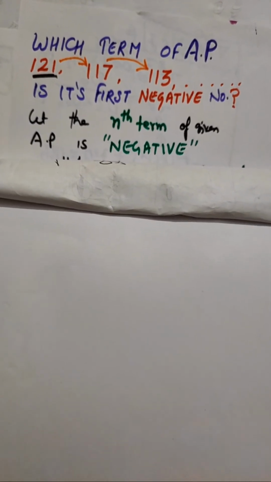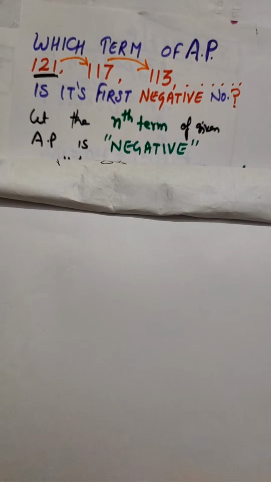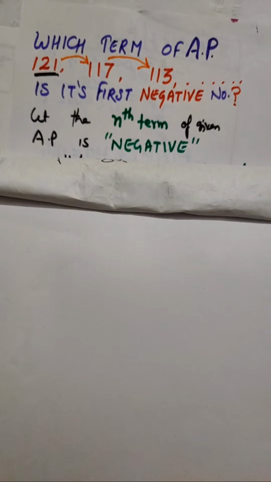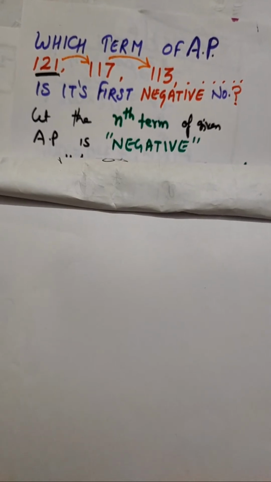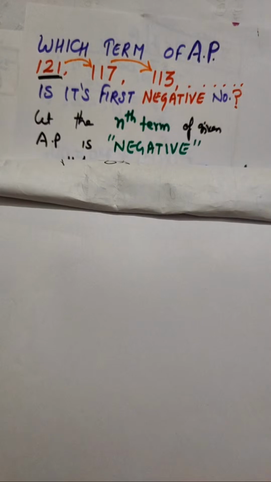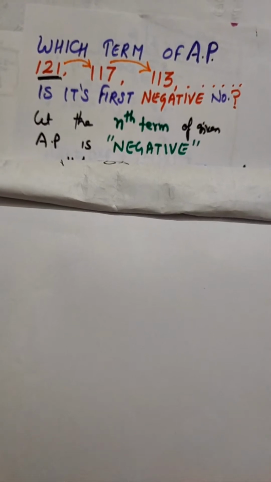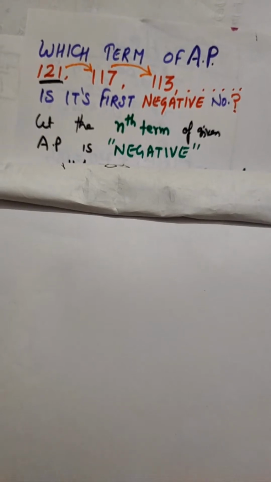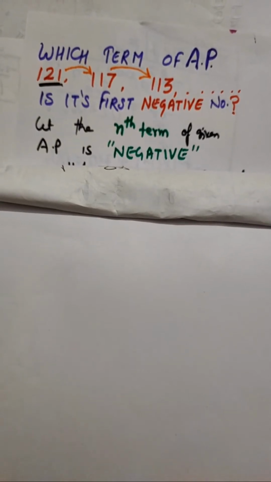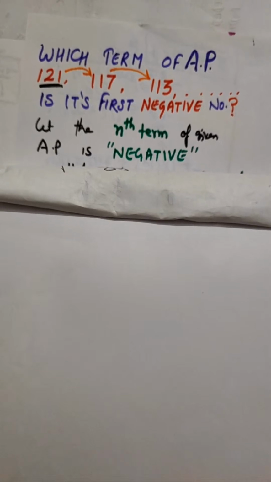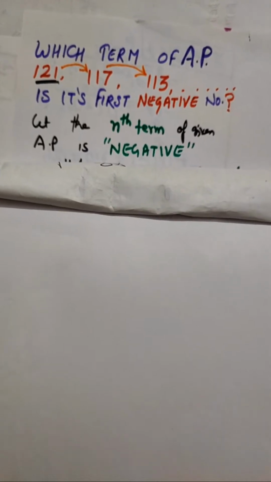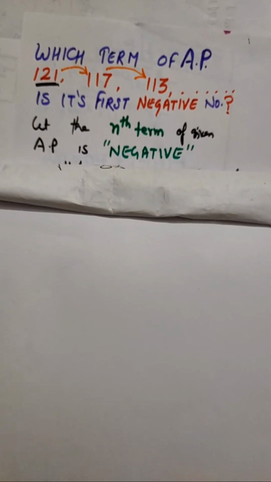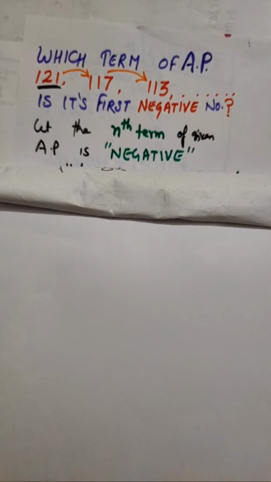So, I had uploaded a short on arithmetic progression. Let us see how the question is. The question was that we need to find which term of the given AP, the series 121, 117 as the second term, and the third term 113, and so on, is its first negative number, right?